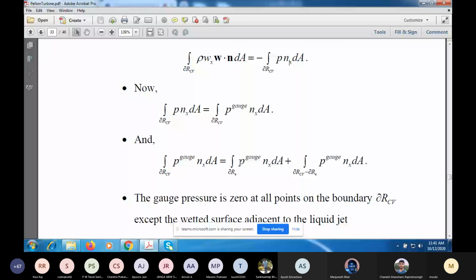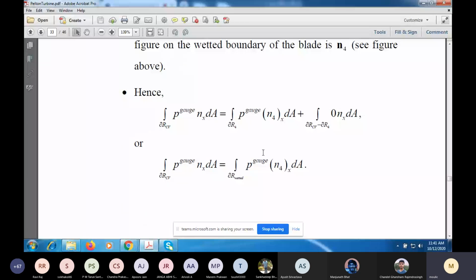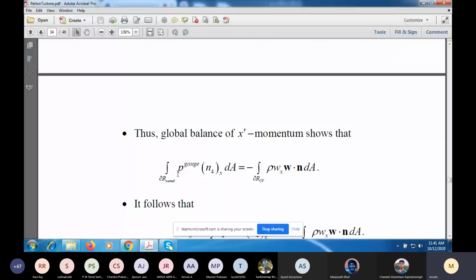So you have this simple relation that the integral of gauge pressure with the appropriate x component of the outward normal on the wetted surface of the bucket is minus of this flux. And this quantity we have seen is the force on the blade.